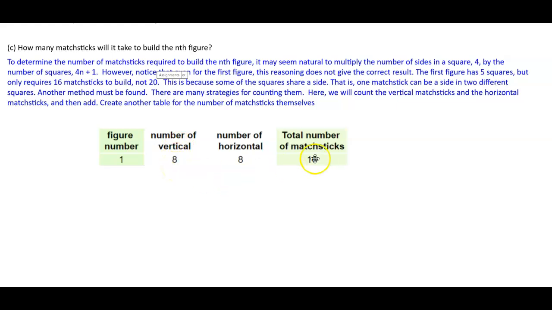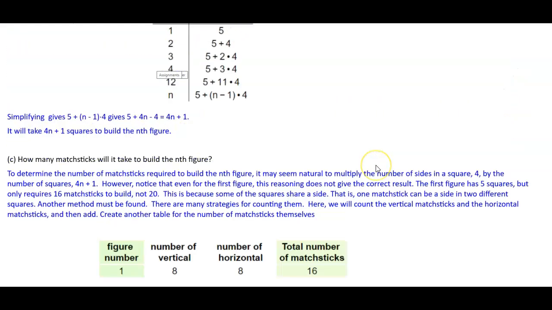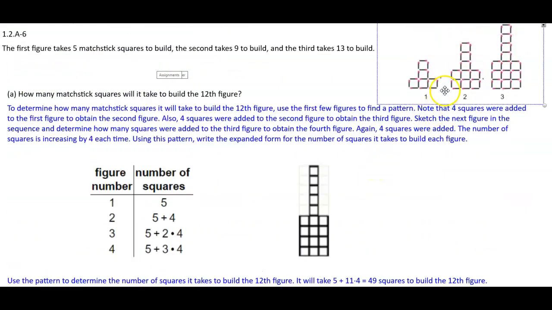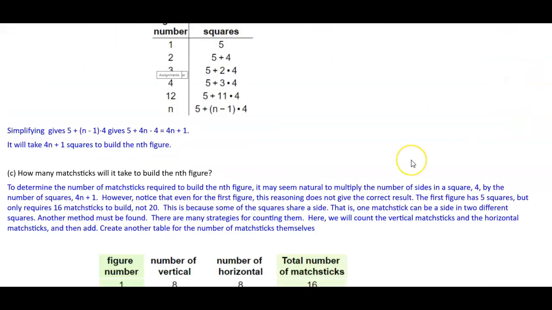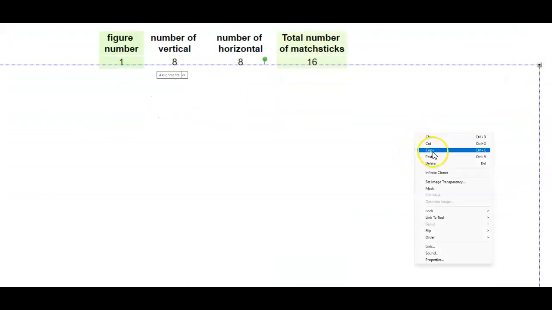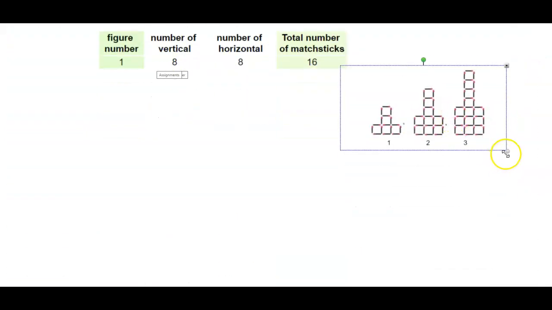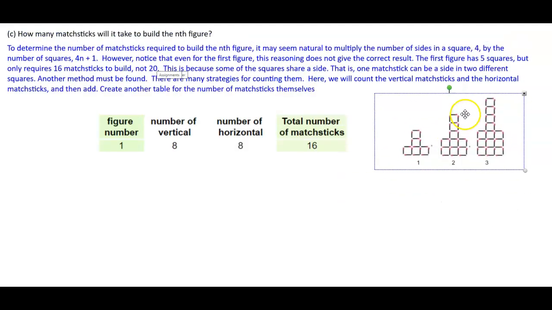I'm going to bring this down here so you can see the pictures. If we look at figure number 1, how many do we have that are going vertical? We have 1, 2, 3, 4, 5, 6, 7, 8. The number of horizontal is 1, 2, 3, 4, 5, 6, 7, 8. The total number of matchsticks is 16.